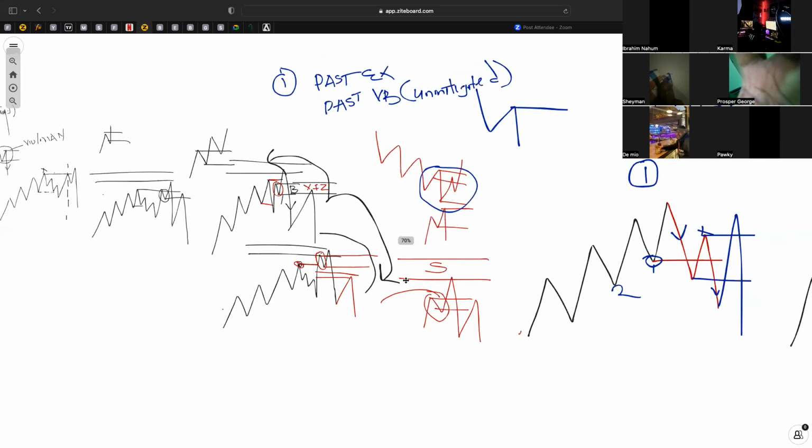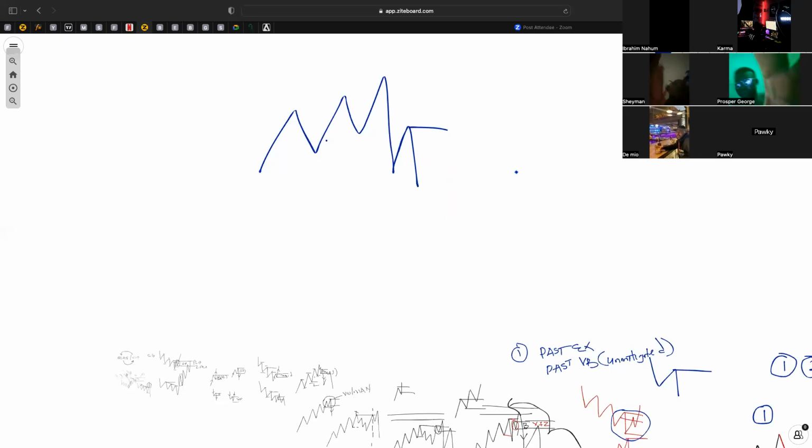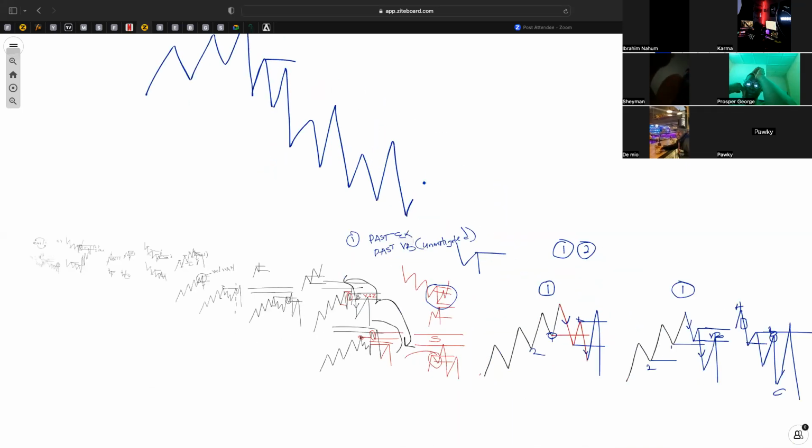What does that mean? We all know that I said when the market is moving like this, break structure, pullback, this is an external liquidity, then it's sell off. So now imagine the market does this, then it keeps going to the future.